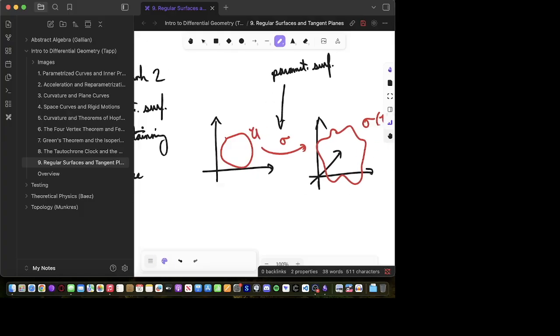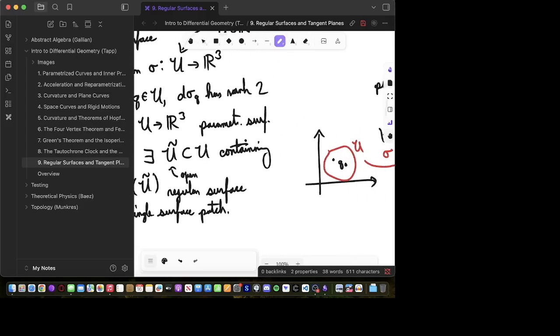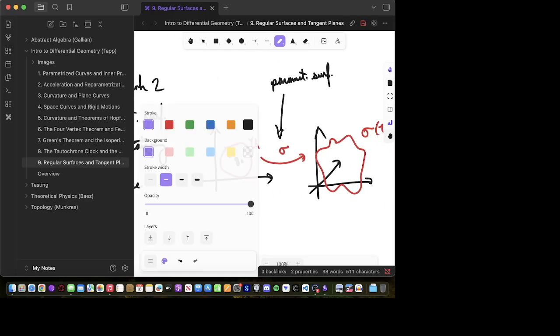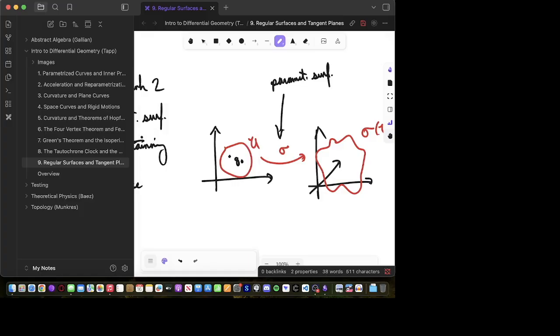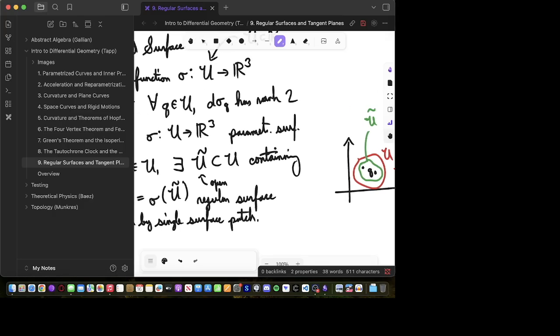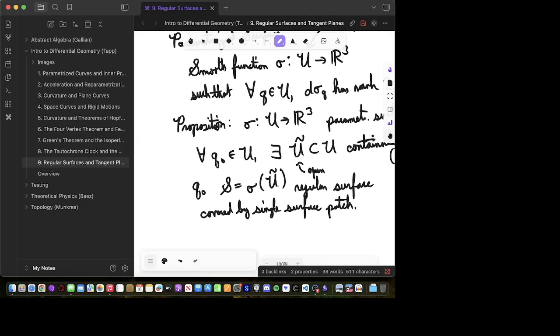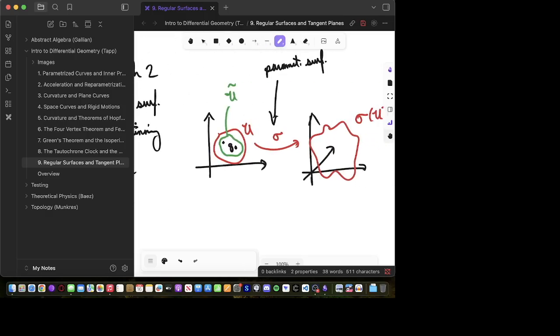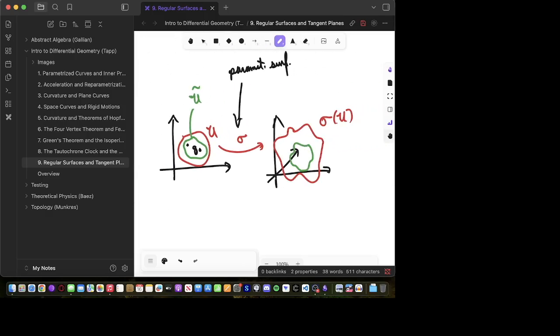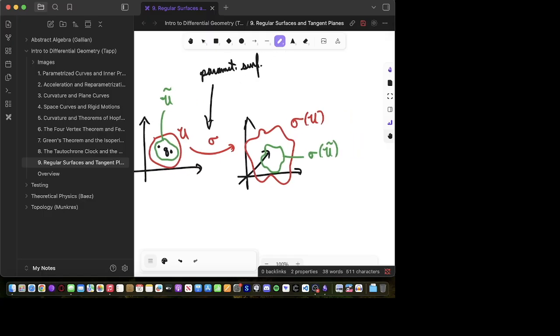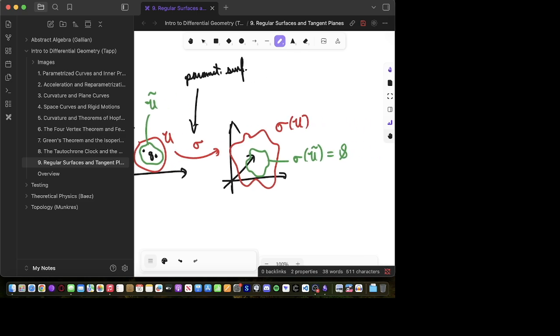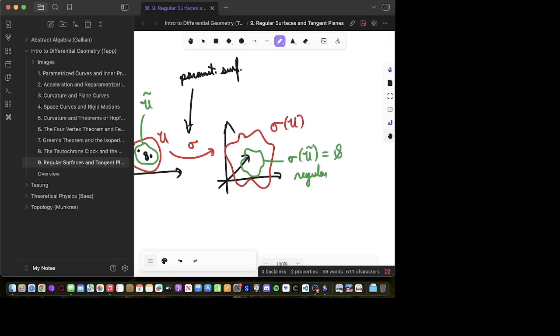If we choose any point on U, let's choose this one, q naught, then we can find some open set, which we call U tilde, a subset of U containing q naught, such that what we defined as S is a regular surface.